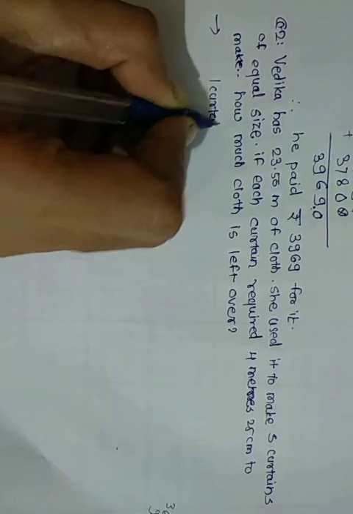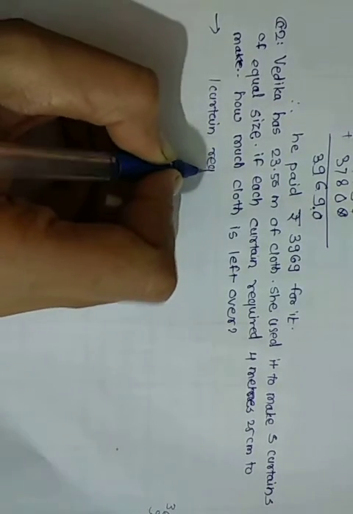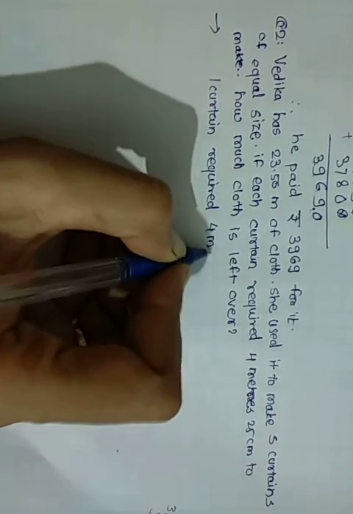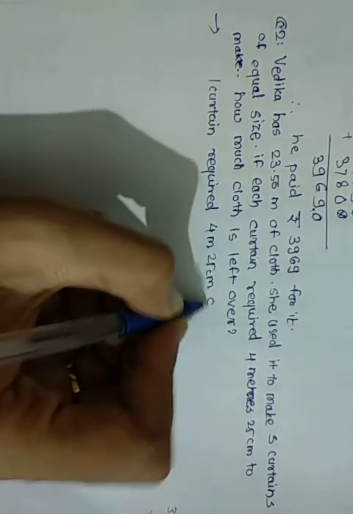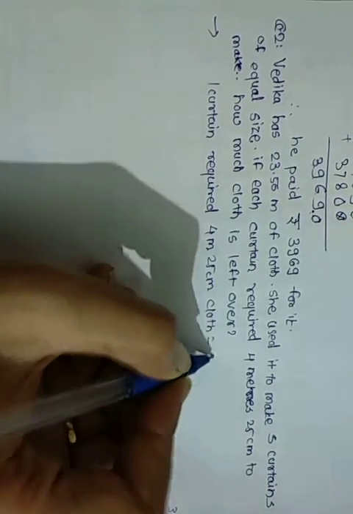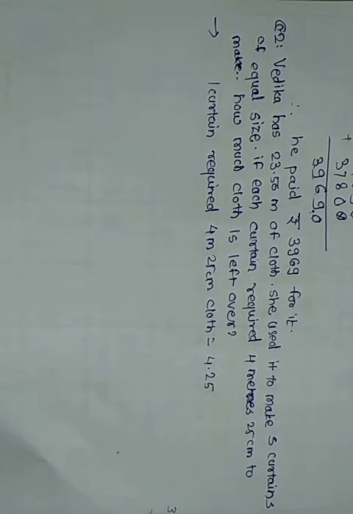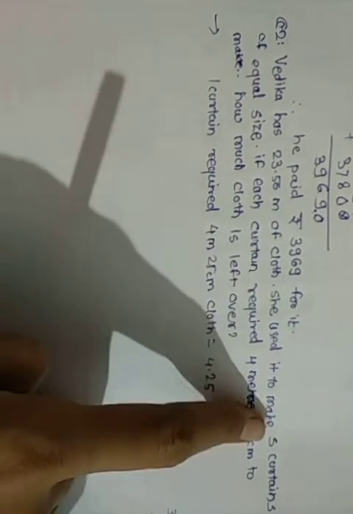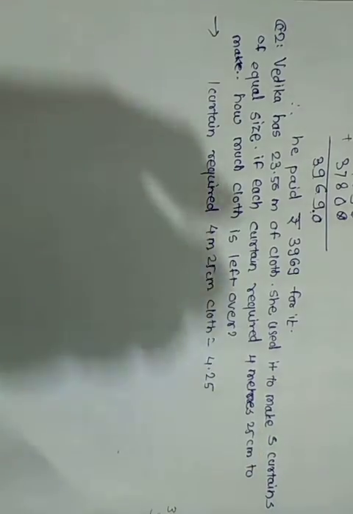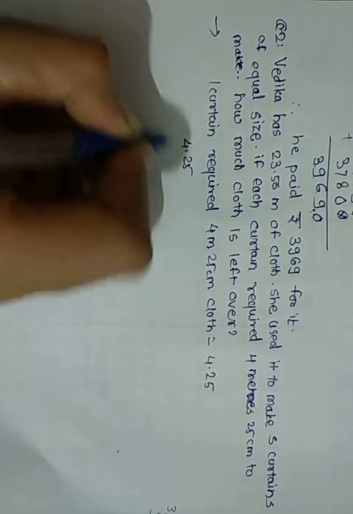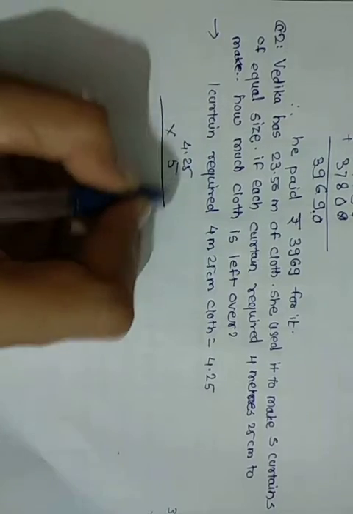One curtain requires 4 meter 25 centimeter cloth. It means 4.25. Now how many curtains are there? 5 curtains. So therefore 4.25 multiplied by 5.